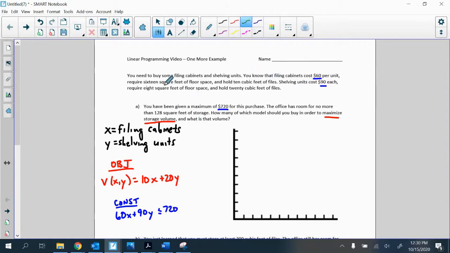Then I also know that filing cabinets have 16 square feet and shelving units have 8 square feet each. So 16x plus 8y has to be less than or equal to 128 square feet. So I have these two constraints.